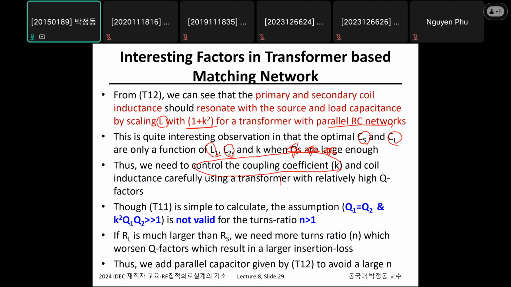Of course, it's very difficult to control Q, I understand, but at best, you have to control K. Otherwise, your design will fail. That's why we always use HFSS.